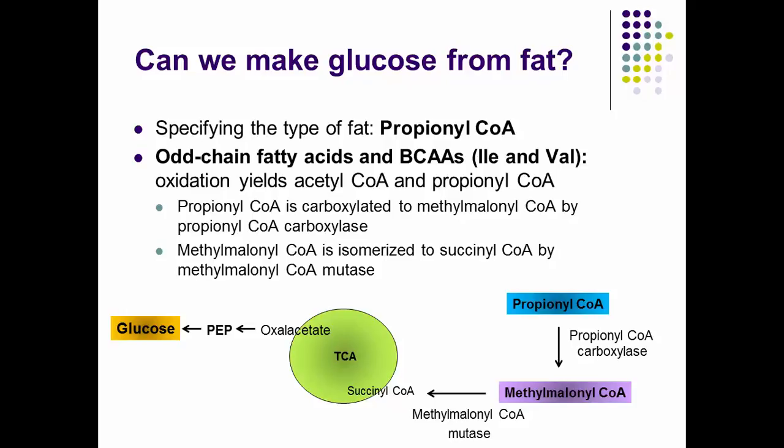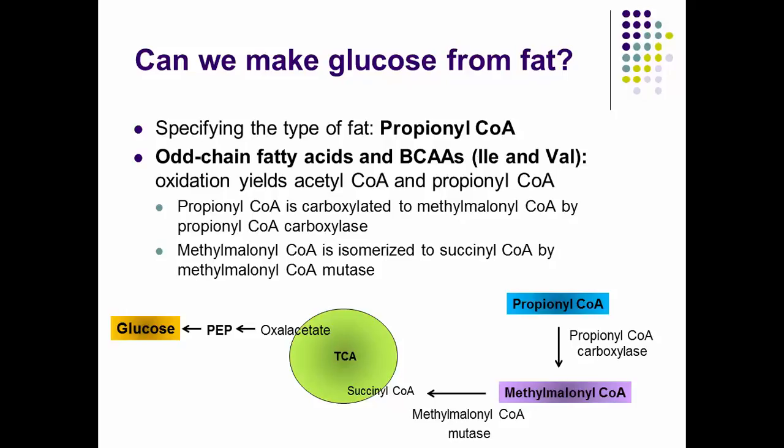So once succinyl-CoA enters the TCA cycle, it can be converted to oxaloacetate, through the process we call anaplerosis and cataplerosis, right? And then oxaloacetate leaves the TCA cycle and enters the gluconeogenic pathway for making glucose, right?